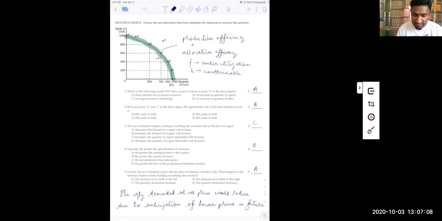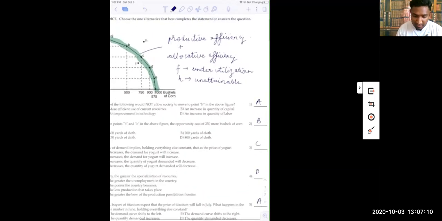In the production possibilities frontier, we usually have productive as well as allocative efficiency. By productive efficiency, we mean that this is the best possible use of our resources for the sake of production. And by allocative efficiency, we mean that this is the most desirable allocation which the society wants.